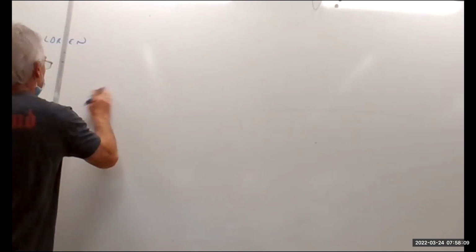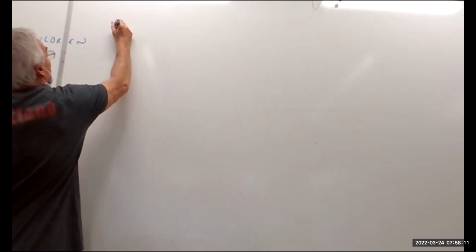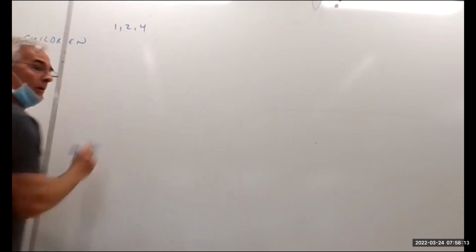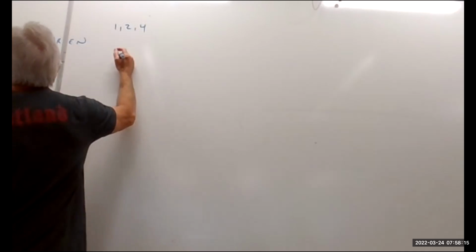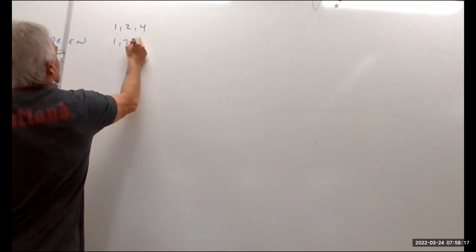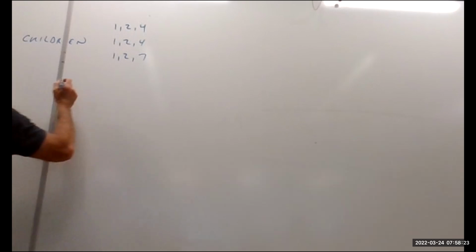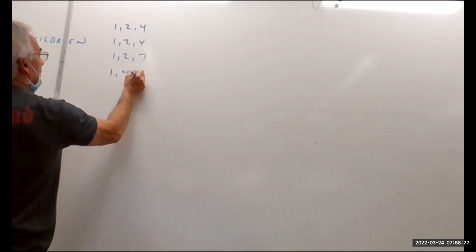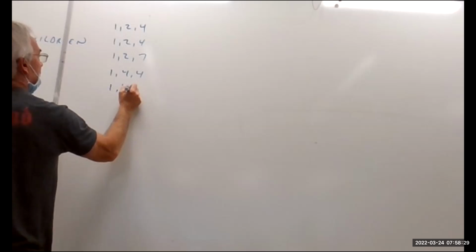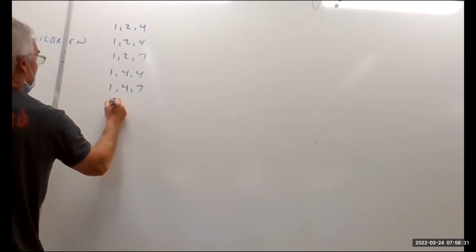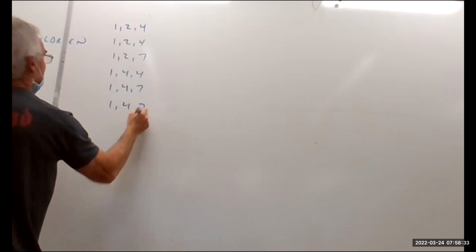So my samples of size 3 would be 1, 2, and 4, the first 4, then 1, 2, and the next 4, and then 1, 2, and 7, right? Then 1, 4, and 4, the first 4 with the 7, and then the second 4 with the 7.